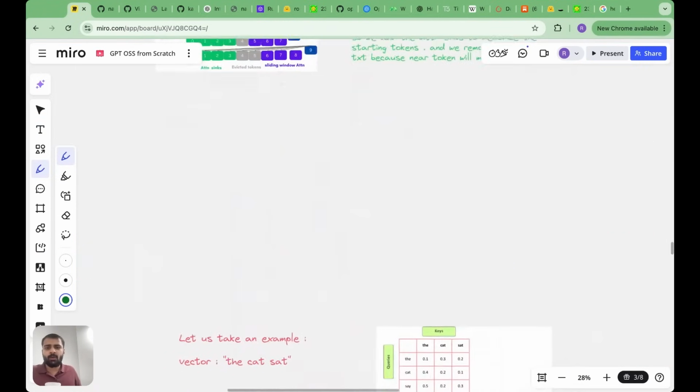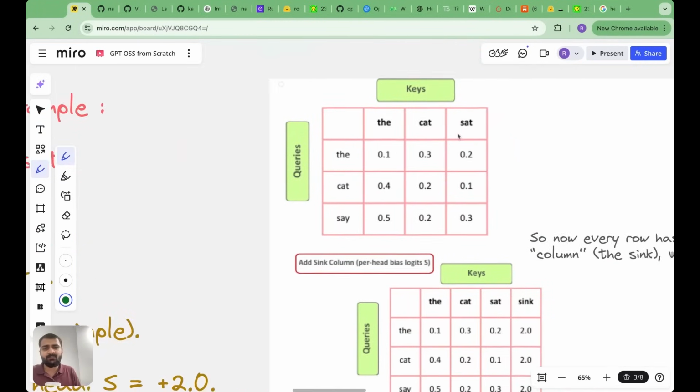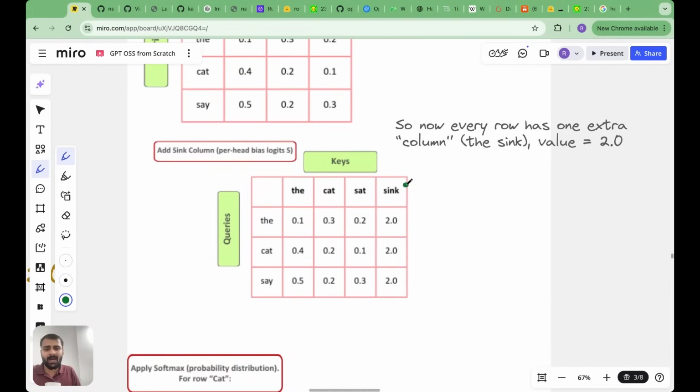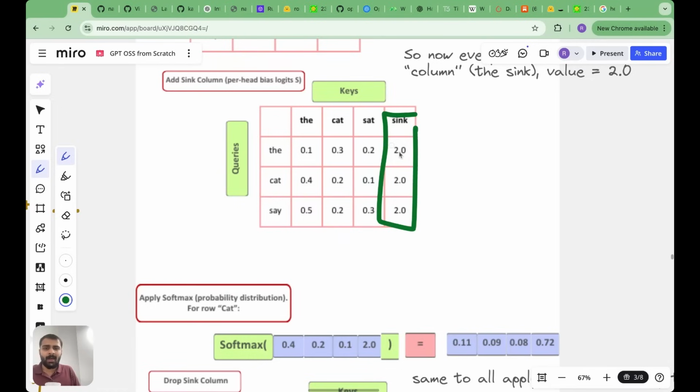So if you want to look at it with a simple example, let's say we look at "the cat sat," and if this is the attention scores matrix, what we do is we add this sink over here. So now instead of 3 rows and 3 columns, it essentially becomes 3 rows and 4 columns.